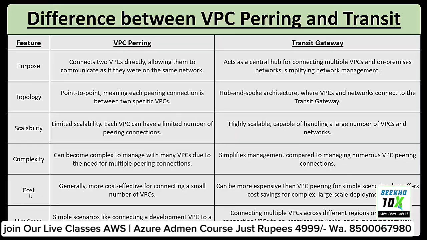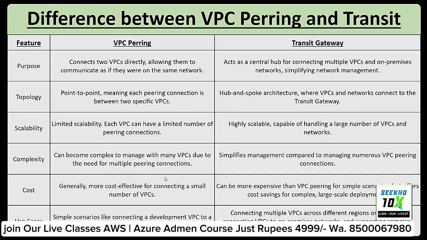Okay. So next is cost. Generally, VPC peering is more cost effective for connecting a small number of VPCs. Transit gateway can be more expensive than VPC peering for simple scenarios, but offers cost savings for complex large-scale deployments. If you are going for a large-scale deployment, then it allows you savings. But if you are using the transit gateway for a small network, then it will be expensive for you.